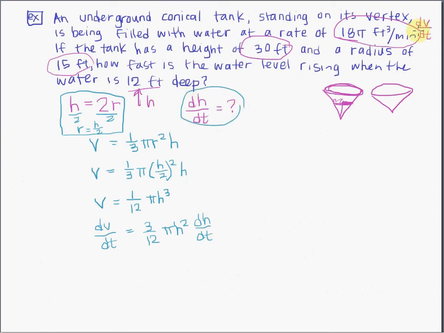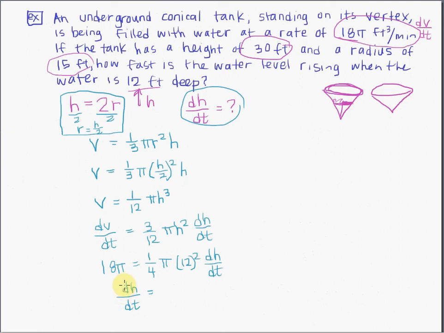We know that this is dV/dt, so we're going to plug in 18 pi. I'm going to just reduce that down to the 1/4. And then we have 1/4 pi. The h, the height that we're looking for, is when the water height is 12. And that's going to give us our h squared times dh/dt. When you go through, you're going to simplify that down and solve for dh/dt.